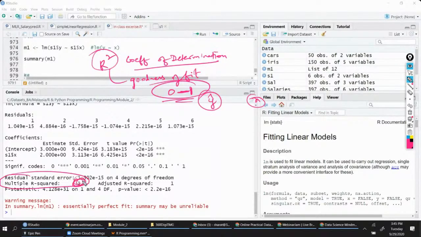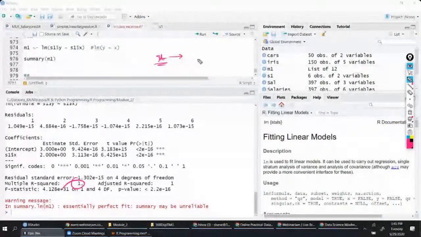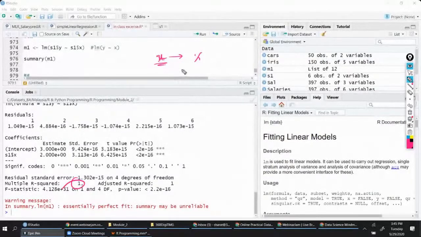And you can see here it is 1. This is 1, right? 1 means you are able to predict perfectly. If I have X, and if this X is varying by some percentage, then this is causing an effect on Y. How much of that variation in Y is caused by this variation in X?